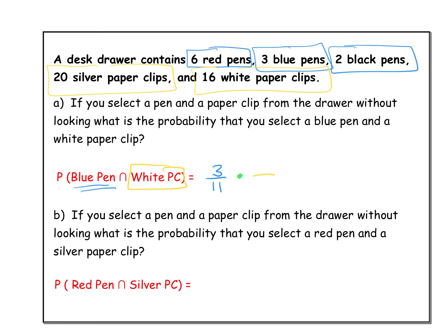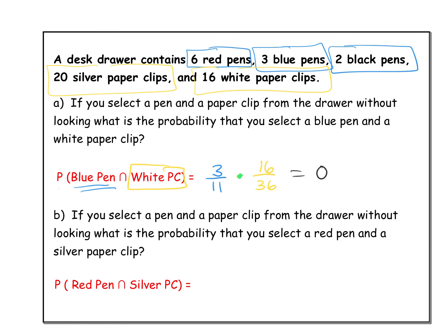We have 36 total. And how many are white? 16 out of 36. Now, a lot of people say, can we reduce these? Sure. We can just multiply them, reduce them. But let's go ahead and get their answer, which would be multiplying these two fractions. Go ahead and do that. And get the decimal. Let's write it as a decimal.